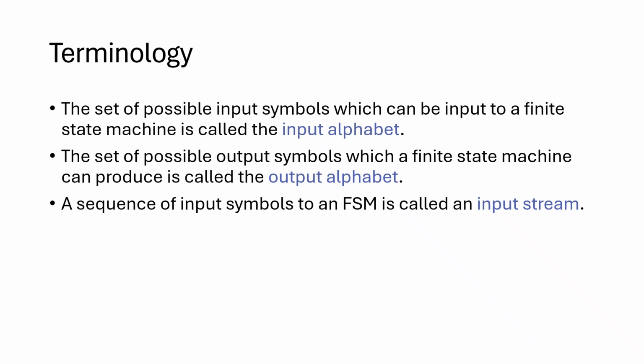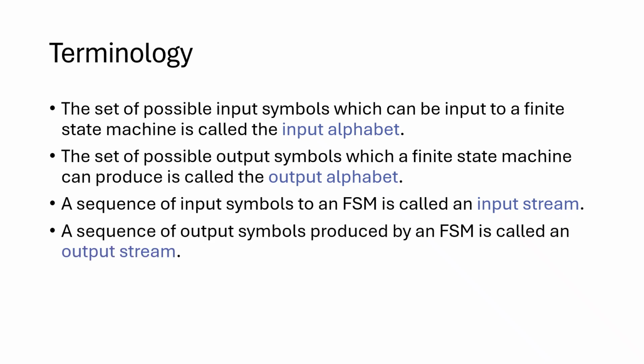So we are interested in studying these machines when we have a stream of inputs, and that's called the input stream. And as a result, the machine is going to create a stream of output symbols that we call the output stream. Okay, remember that we are talking about finite state transducers, so they have outputs, right? Later, when we talk about acceptors, there is no output, so there is no output stream either.